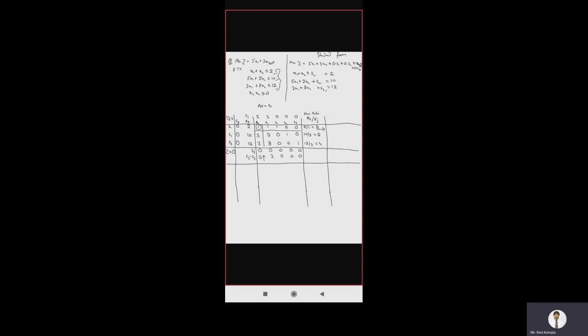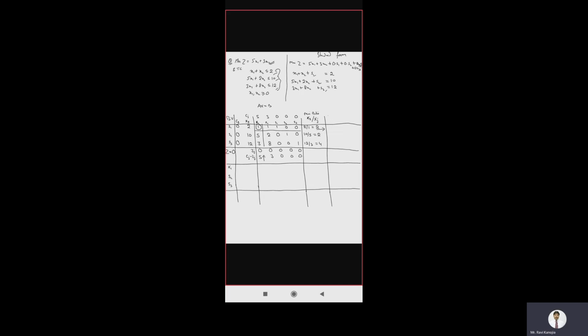Now we don't have s1 anymore. We will have x1 over here, and we have s2 and s3.